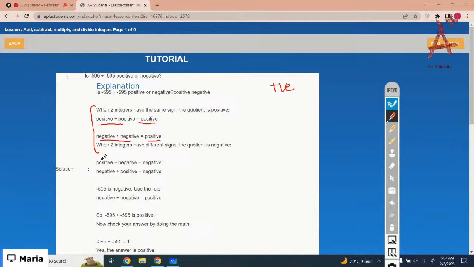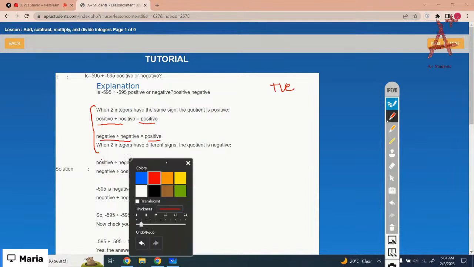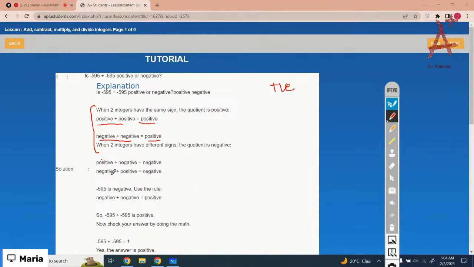If the divisor is positive and the dividend is negative, the answer is negative. If the divisor is negative and the dividend is positive, the answer is negative. These are the two very important rules. You have to keep them in your mind when dividing integers. If both the integers have the same sign, the answer must be positive. If both integers have different signs, the answer must be negative. Got it?